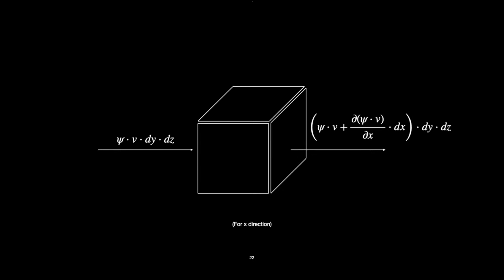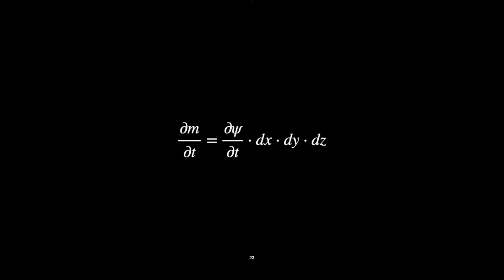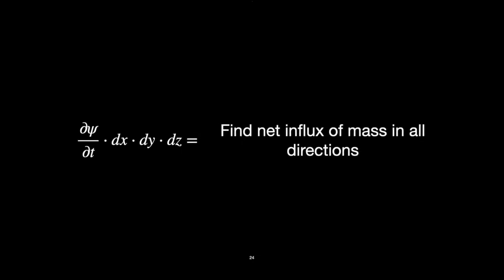We just wrote acceleration in partial terms because we had partial terms. We're going to write mass in terms of density. Psi is still density, rho is still pressure throughout the seminar. I hope that's clear. So we know how our mass changes with respect to time. That's going to be equal to the net influx of mass in all directions, which is what we established at the start of mass conservation.